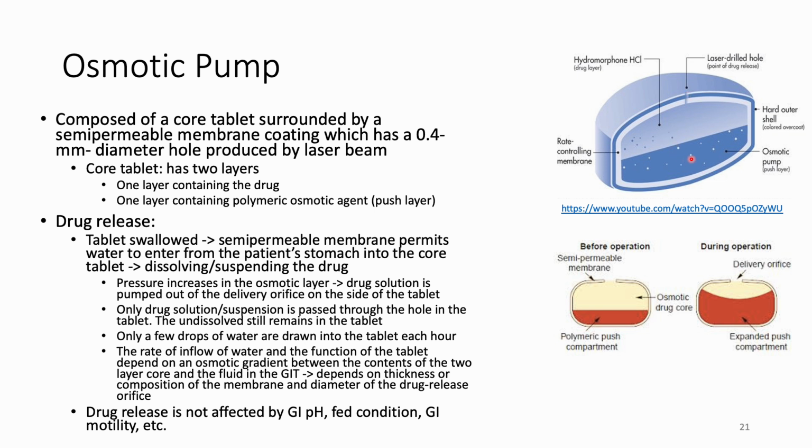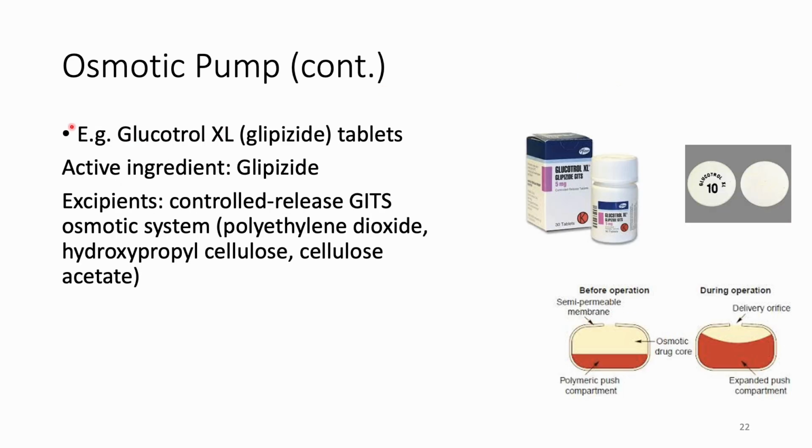For this kind of drug release system, the drug release is not affected by the pH, the fat condition, or GI motility. It's independent of many factors in the body, and it creates a very effective osmotic pump to release the drug with time. An example of an osmotic pump delivery system is Glucotrol XL.